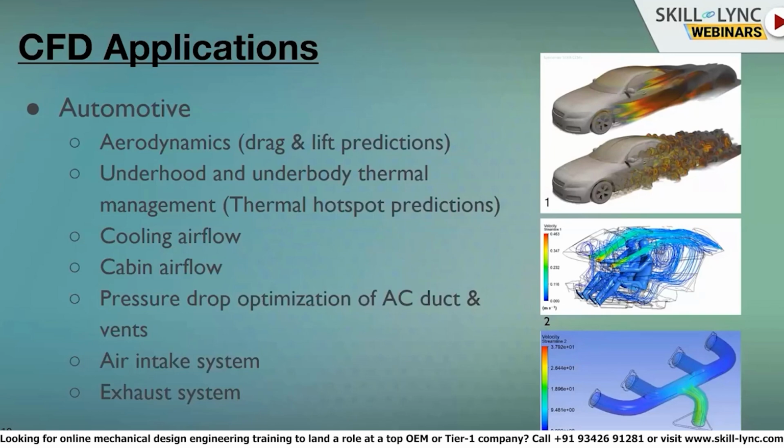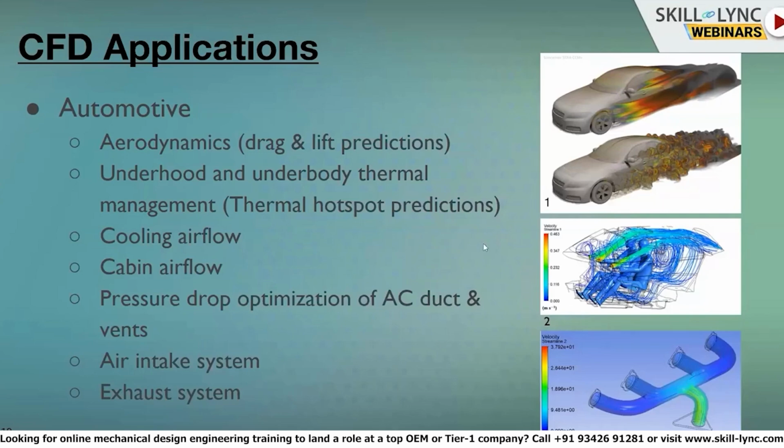Another is cooling airflow. You all might have seen certain openings on the front of the car. Those openings are provided to cool the heat rejected by the engine through the radiator into the engine bay, and that heat is carried out by this airflow. So one may have to work on optimizing the airflow requirements based on the heat rejection. Another, as you can see here, is the cabin of a car. We switch on the AC and we get nice cool air.